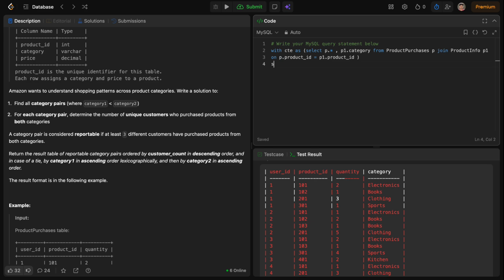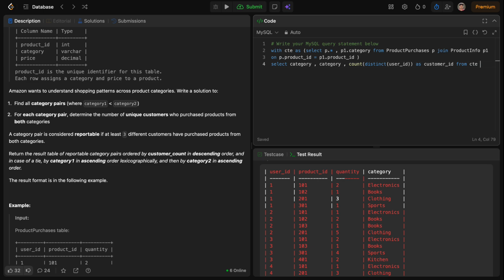Select the category, another category, and count distinct user ID as the customer count. From which table?